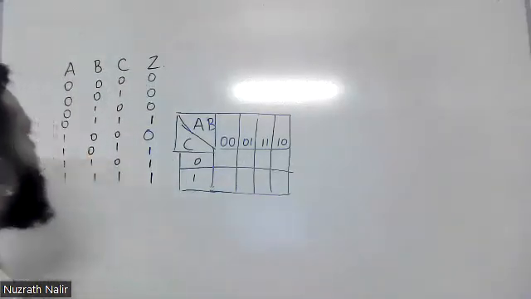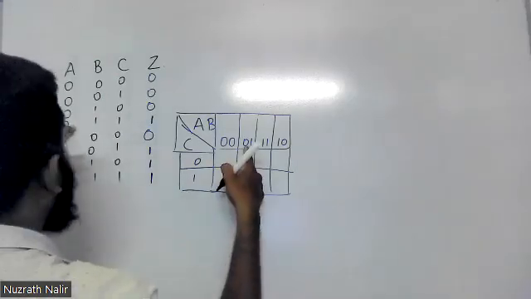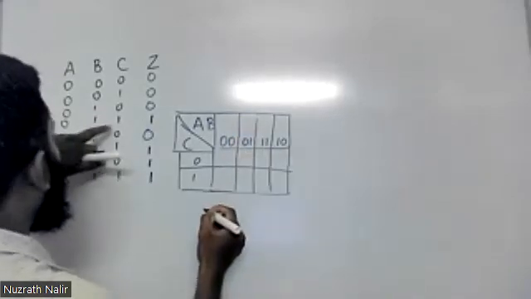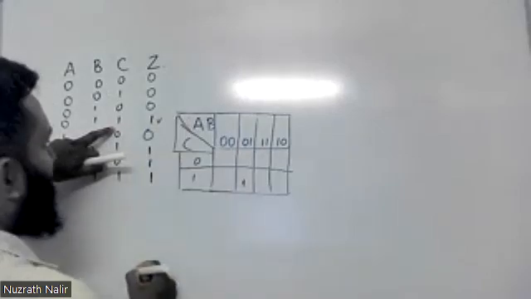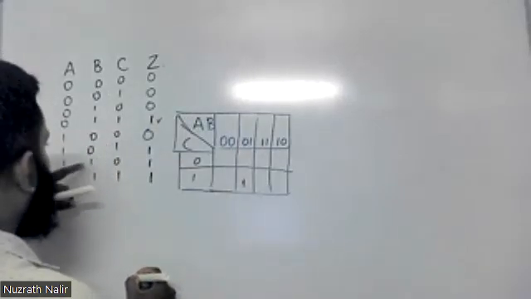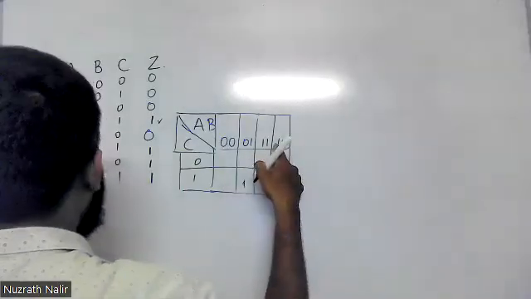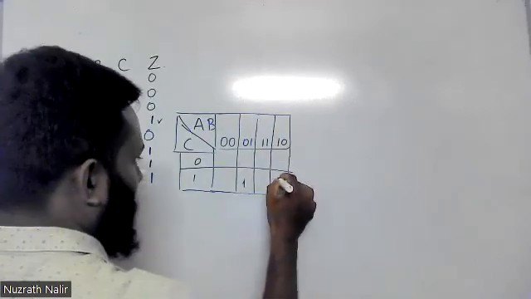Let's apply these ones. Here A is 0, B is 1, and C is 1. So this is 0. So the second one: A is 1, B is 0, and C is 1.